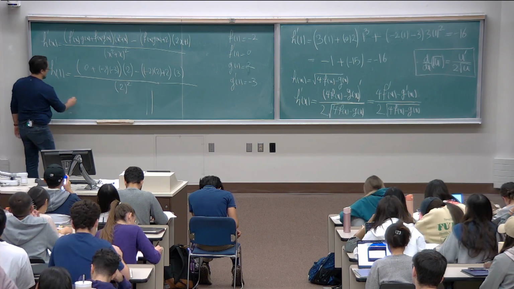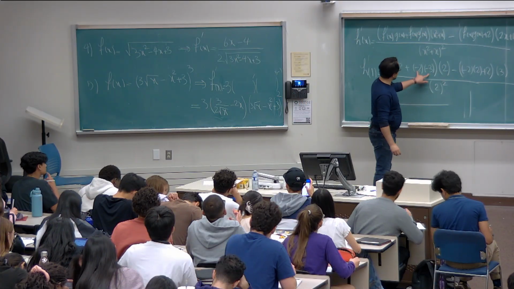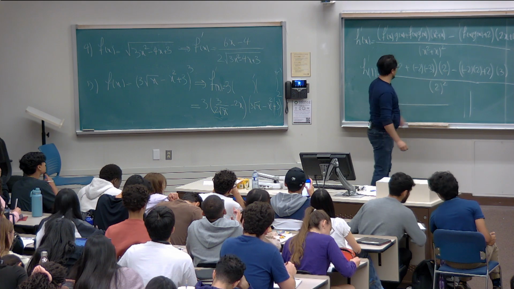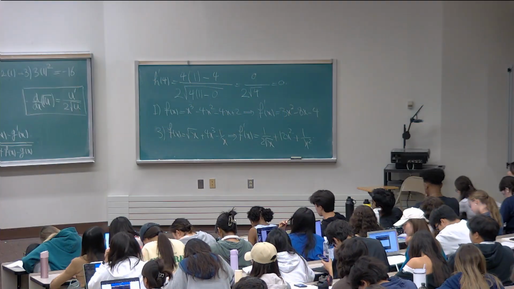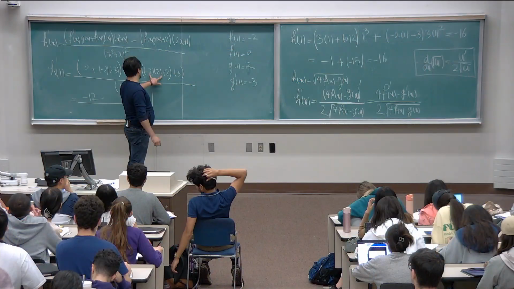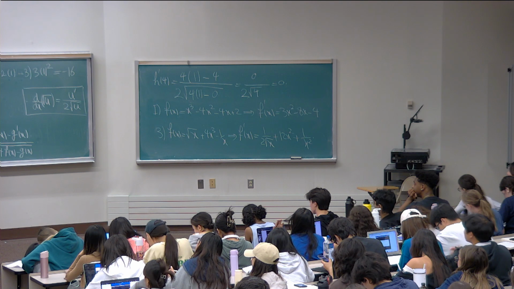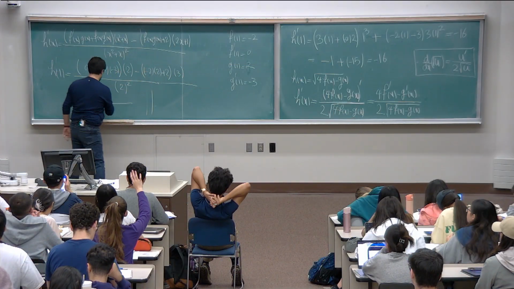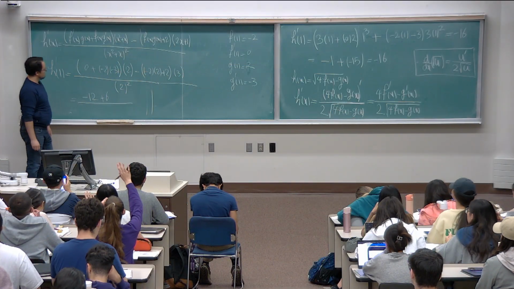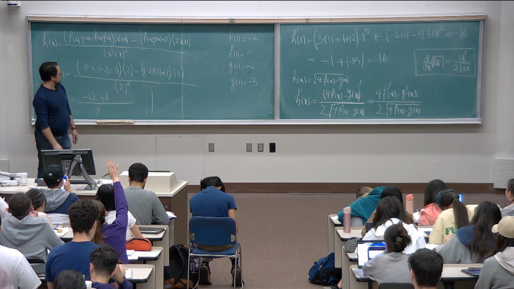What did we get from that? So this is negative 6 times 2, that's negative 12 minus. This guy is negative 4 plus 2, negative 2 times 3, negative 6 plus 6. Did I do that part right?